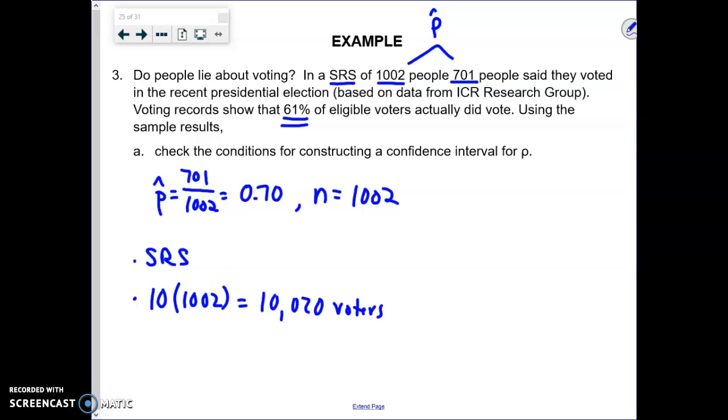Now again, we don't know if this is a national poll or who the population they're trying to estimate here is. But we're going to go ahead and assume that there are more than 10,020 voters in the population.